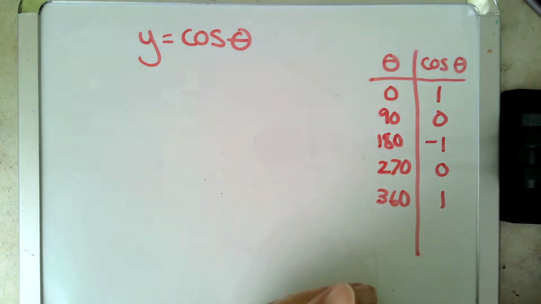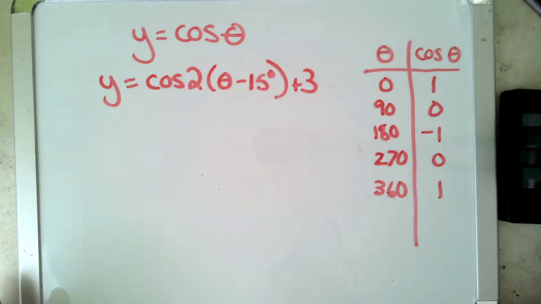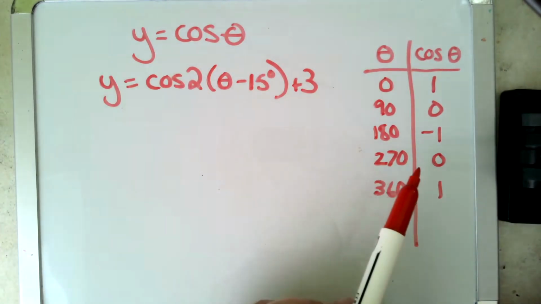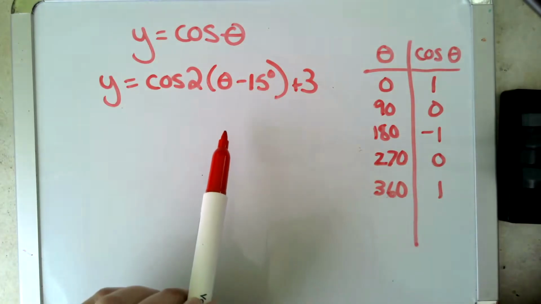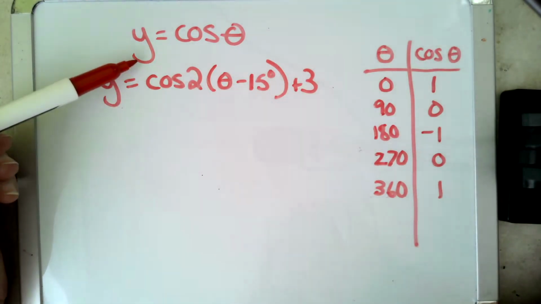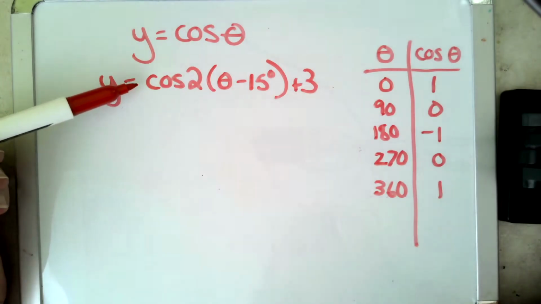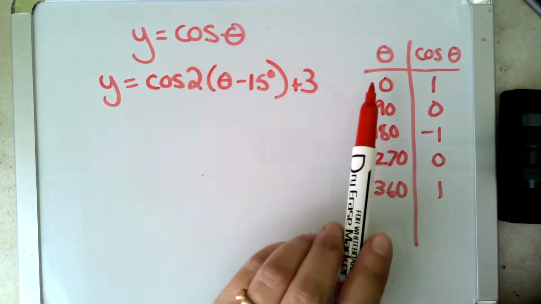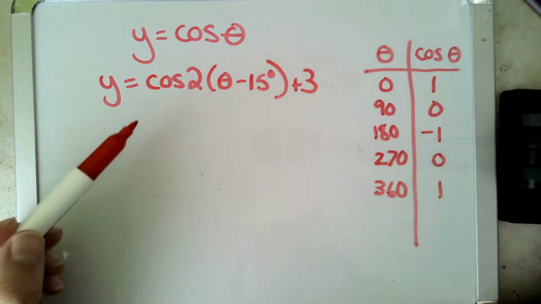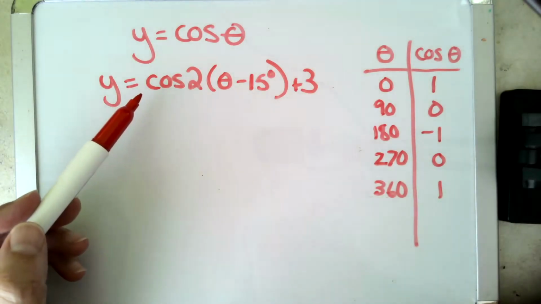Okay, so now I'm going to go ahead and take a look at the equation we're meant to graph. To transform from this parent graph to this graph, which has no change in amplitude, right? My amplitude is the coefficient of my whole sine or cosine. So there's nothing there. That's an implied 1.